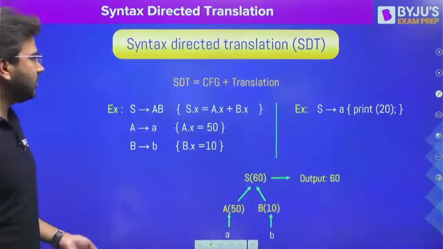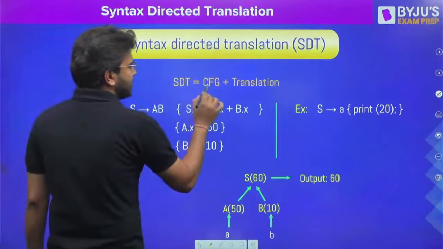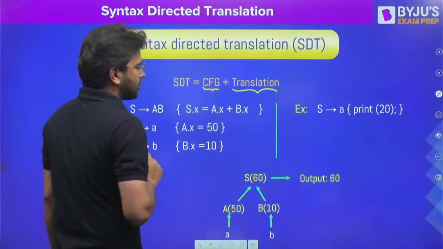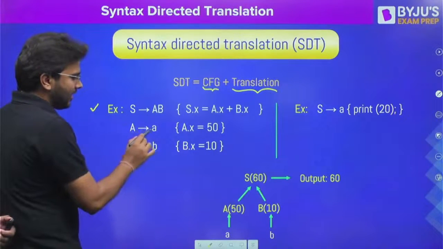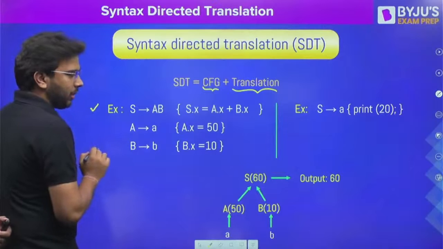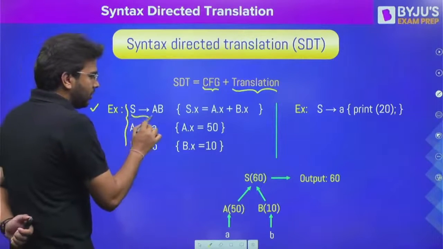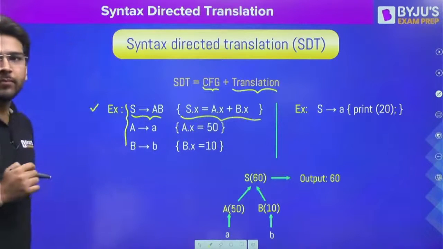Now we are going to understand this through one example. SDT is equivalent to the context-free grammar plus the translations associated with the productions. Now carefully see this. This is one example. S derives AB, A derives small a, B derives small b. These are the productions that you have. Now for every production you have some translation associated with it. Clear?